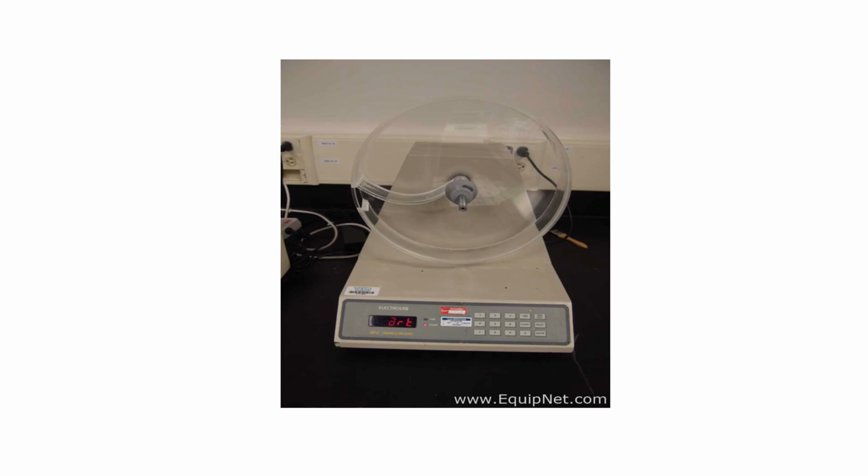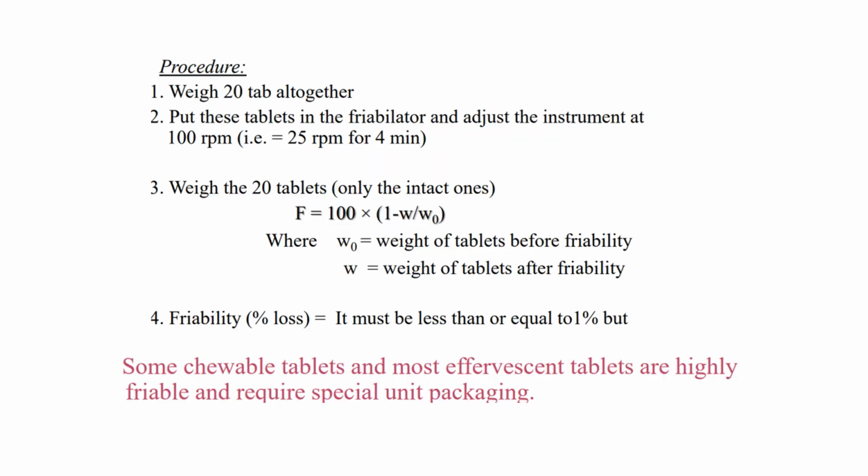The height that the tablets fall is 6 inches. The rotation is 100 revolutions, 4 minutes we are taking, and after 4 minutes we take out the tablets and physically examine whether any chipping or fragmentation occurs, and again we check the weight. So the procedure is like that.